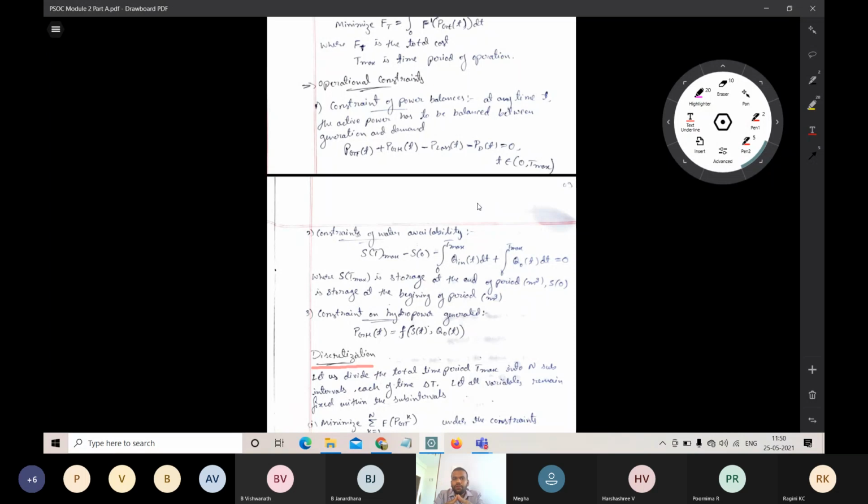Before going to solving the numericals, I am just refreshing the concepts that we studied using the three methods. In the discrete time interval method, we discretize the equations: at different regular intervals, what would be the fuel cost, the amount of water discharged, and the power balance. That we discussed using the discrete time interval method.